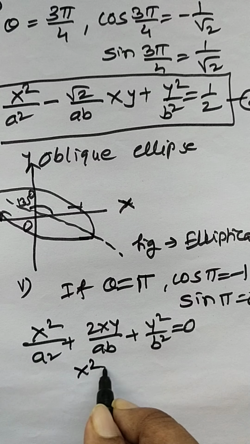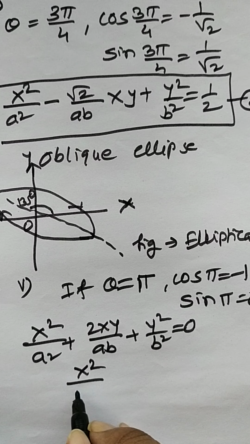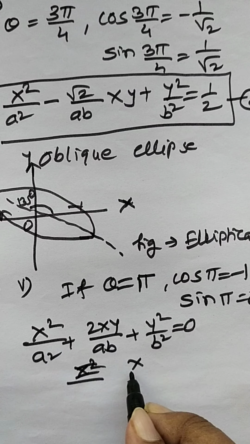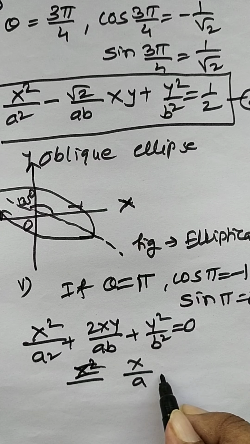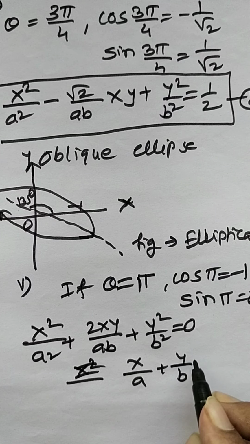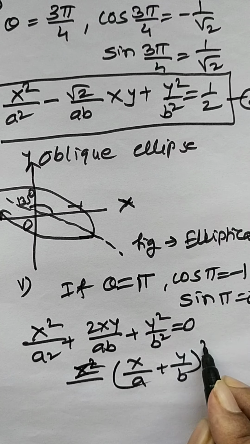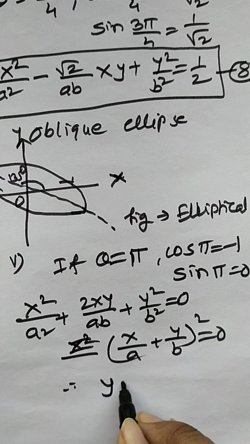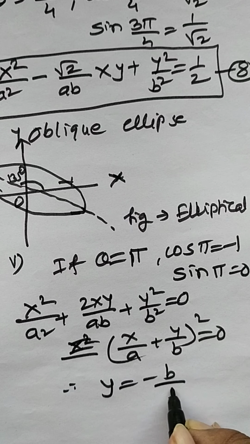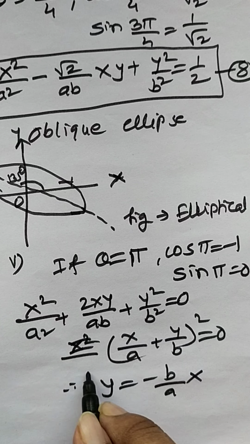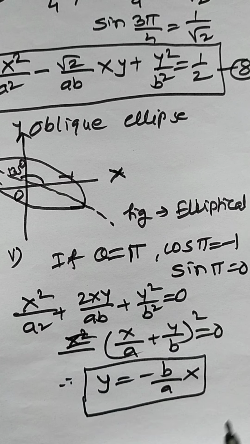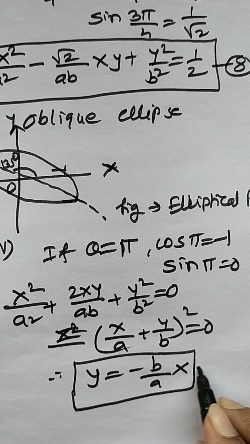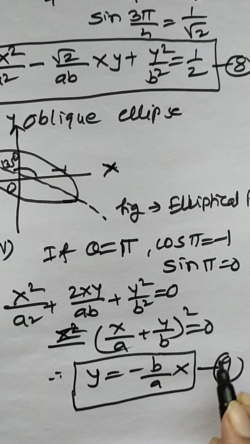So therefore (x upon a plus y upon b) whole squared is equal to 0. So therefore y is equal to minus b upon a into x, and this is the equation 9.